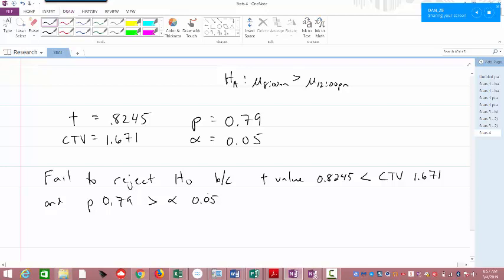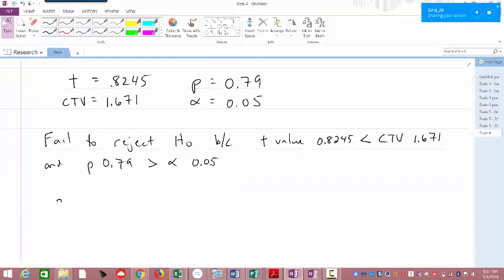We fail to reject the null if the p-value is greater than the alpha, because p is our probability of error. So the probability of error is 79 out of 100. Is this happening because of our experiments? Probably not. Is t negative? It did come out negative, but we need to just look at the absolute value of it for comparison.